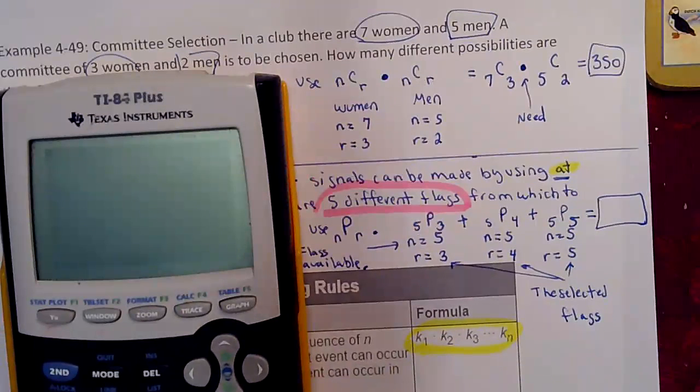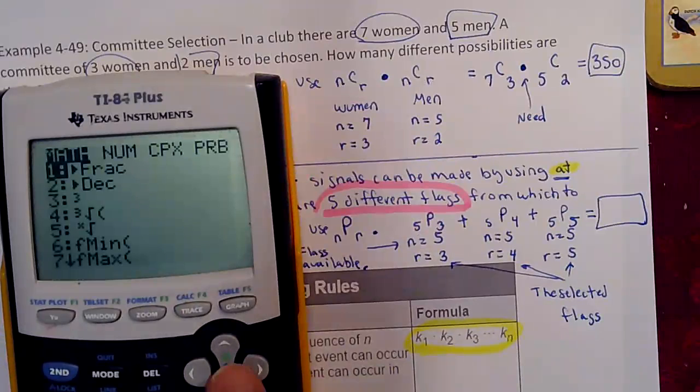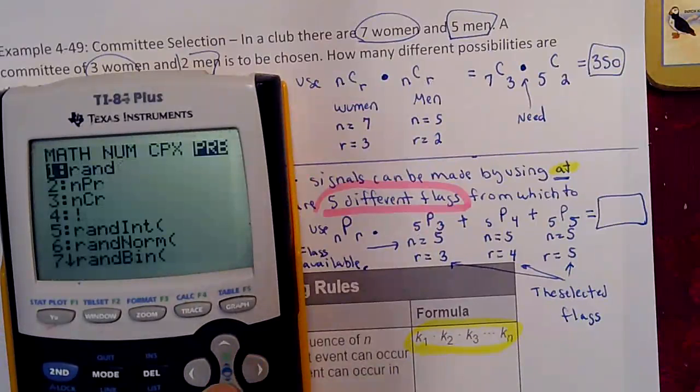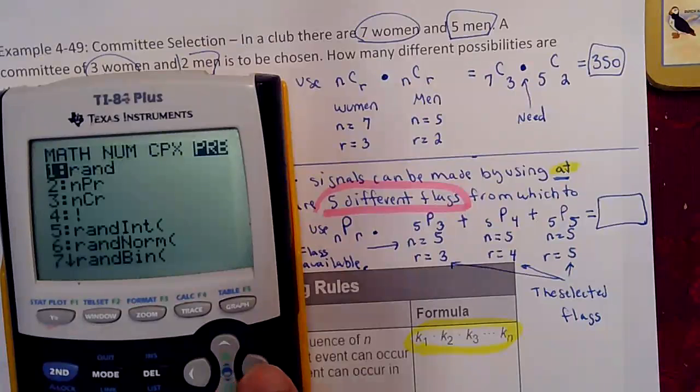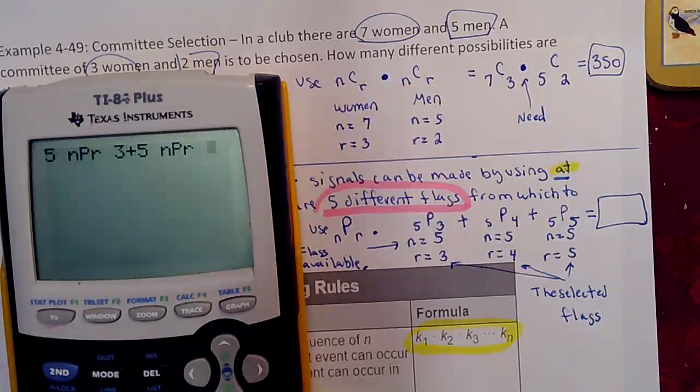So then when I do this, we have 5, math, probability, and then nPr, and then 3, and then plus 5, math, probability, nPr, which is 4.